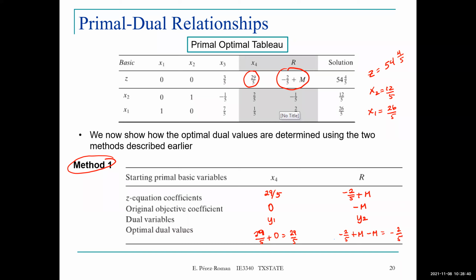So in conclusion, the optimal solution for the dual is y1 equals 29/5 and y2 equals -2/5. So by using the information that I have about the original problem, I'm able to solve the dual problem. Okay. So that's using method 1.